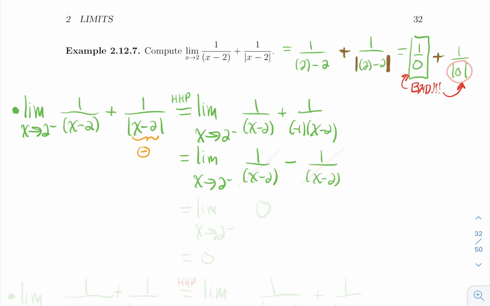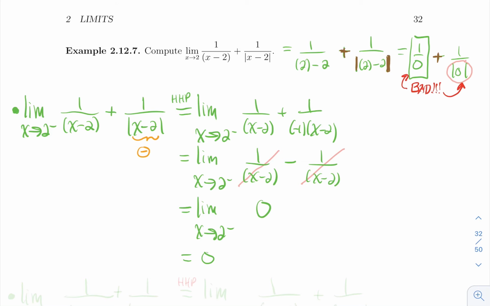And here, beautiful thing, we have the same term twice being subtracted. So these two are going to simplify down to nothing. So you're going to be computing the limit as x approaches 2 from the left of 0, and you're just going to get 0. So the left limit is simply 0 in that case.